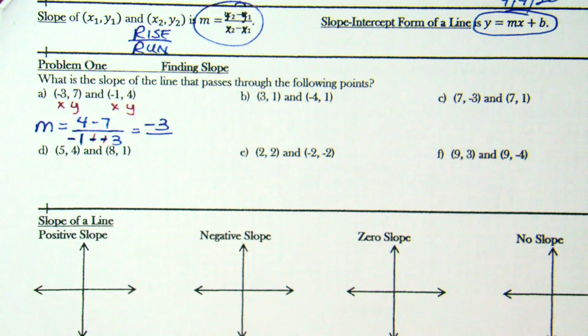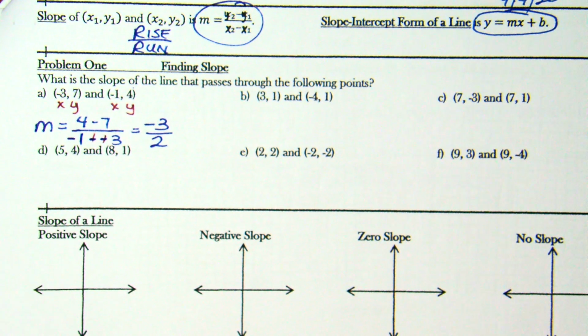How should I express my answer? Should I change it? Should I leave it? Leave it? Yep. Okay. I absolutely do not want to see -1.5. Because how can you do rise over run with 1.5? You can't.